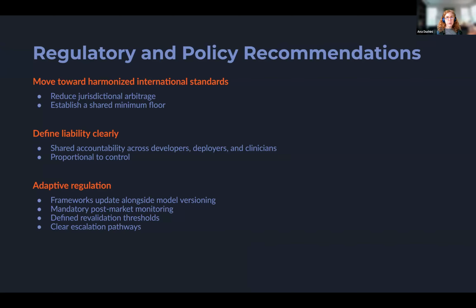Current radiological AI regulation remains fragmented across jurisdictions, creating inconsistent safety standards and opportunities for regulatory arbitrage. We recommend moving towards harmonized international frameworks that establish a shared minimum floor for validation, transparency, and accountability.